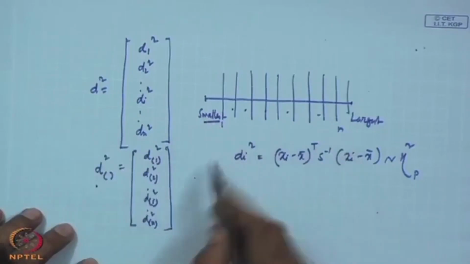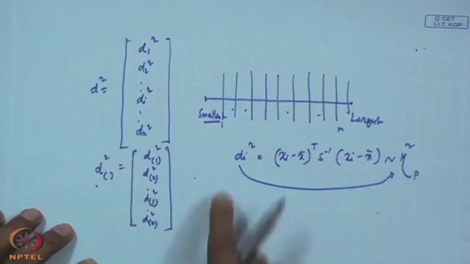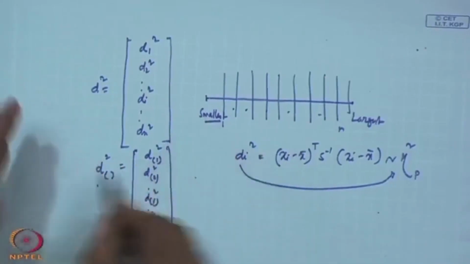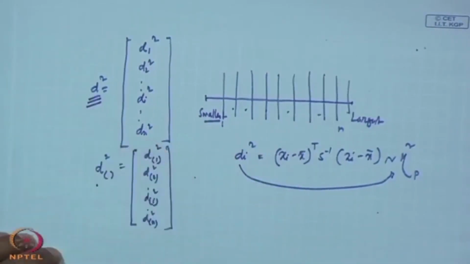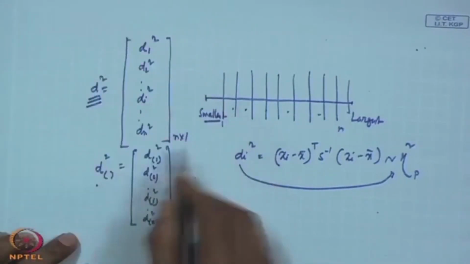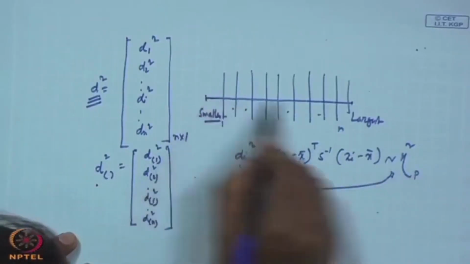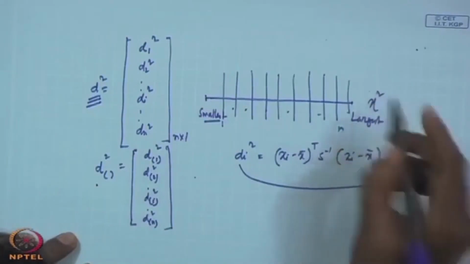Then as I know that d² is chi-square p, you have created an n × 1 transformed data d, which is chi-square distributed. So, this can be a chi-square axis.